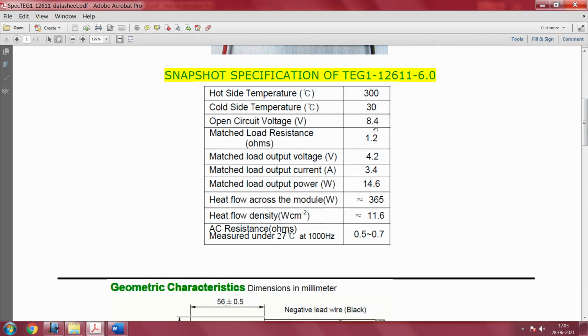Open circuit voltage is 8.4, matched load resistance is 1.2, matched load output voltage is 4.2, matched load output current is 3.4 amps. That means under ideal conditions, if you match the impedances, these are the outputs that you will get as the maximum possible power. So you can get up to 14.6 watts and not anything more than that.